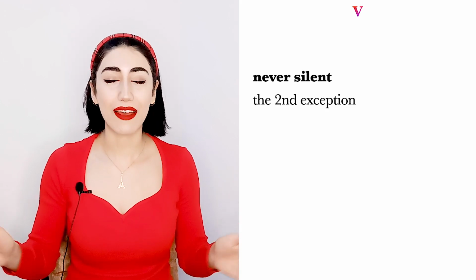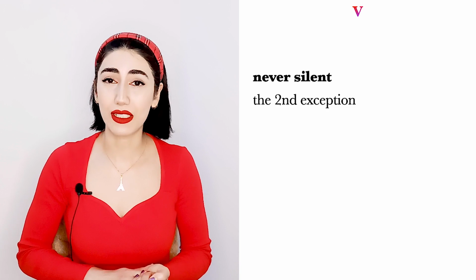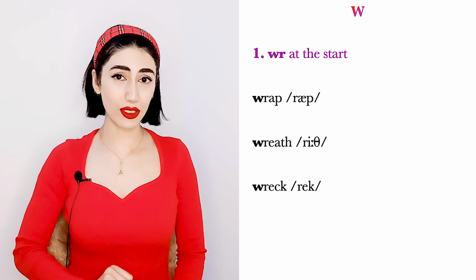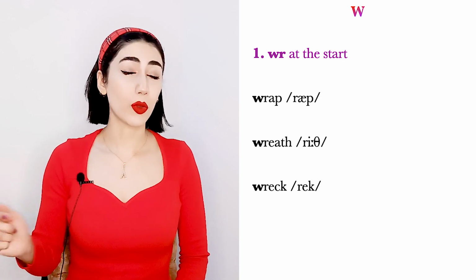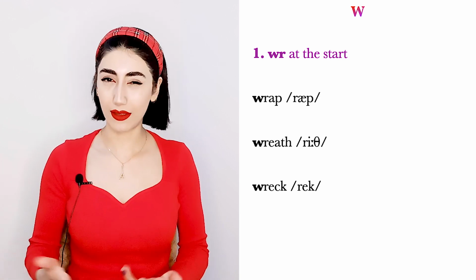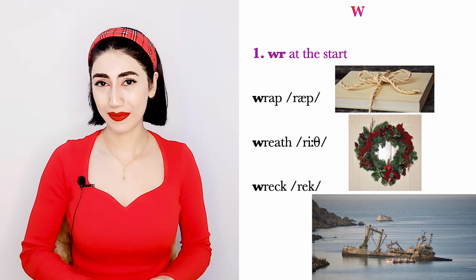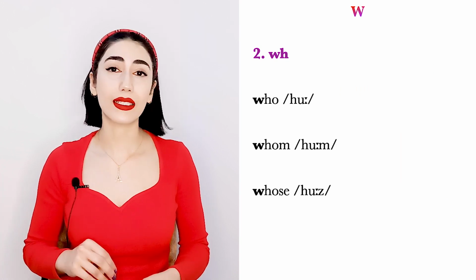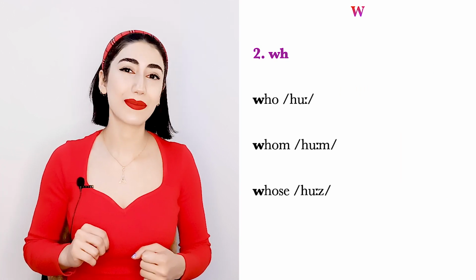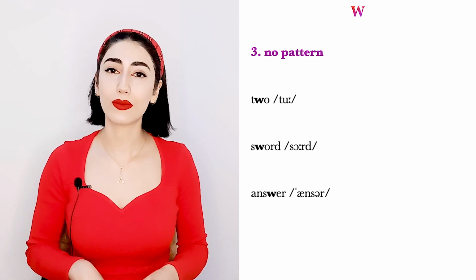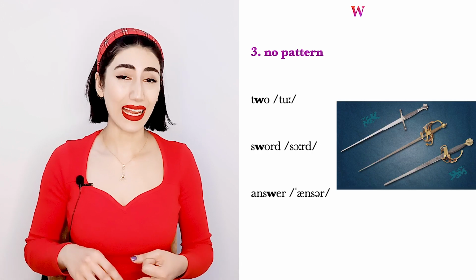Literally, never ever silent. This is the second exception. Yeah, the first one was F. W, 3 situations. First of all, when we have WR at the start, and there are a lot of them, like wrap, wreath, wreck. And WH, like in who, whom, whose. And number 3, no pattern, like in two, sword, and answer.